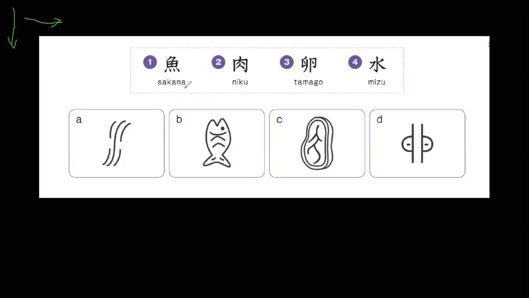First, sakana. It means fish. I will write it here. It's not a perfect shape, but it's okay. Other people can understand you. And second, niku, that means meat.